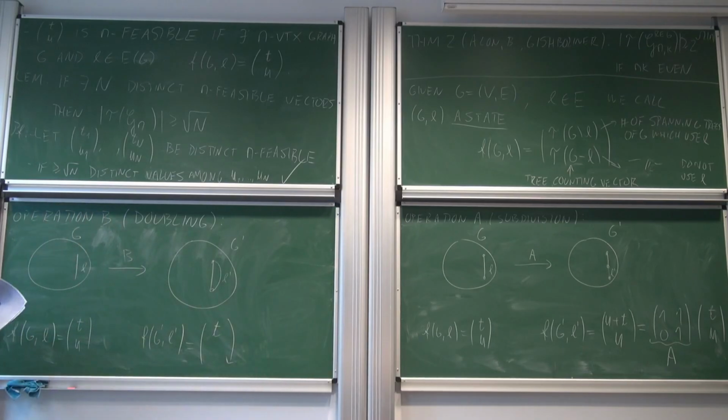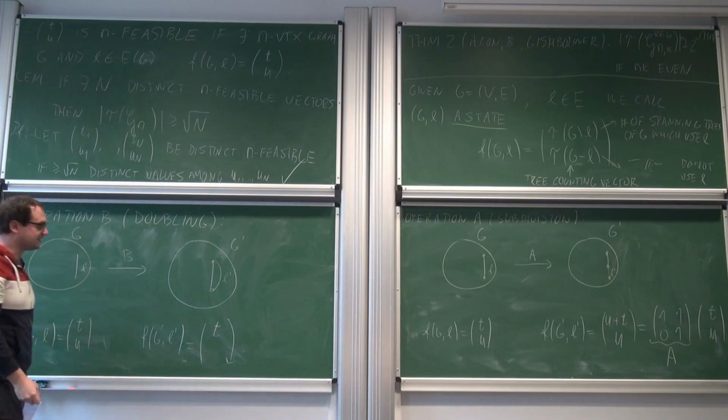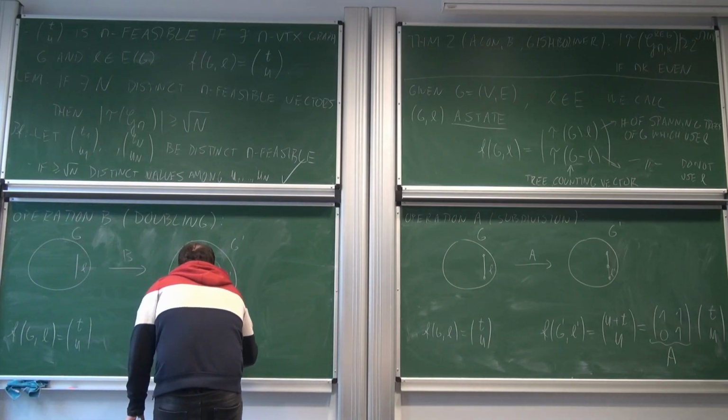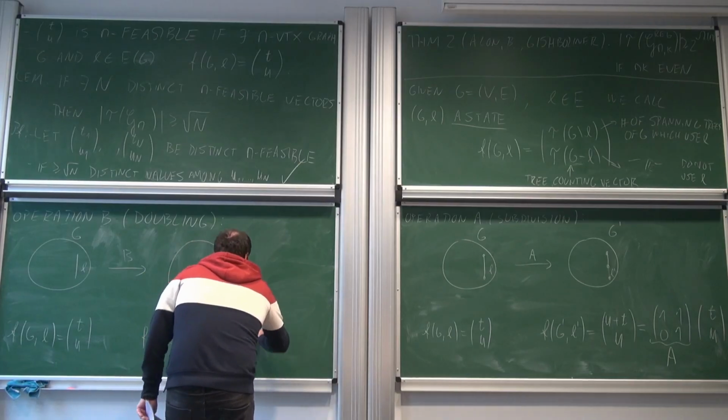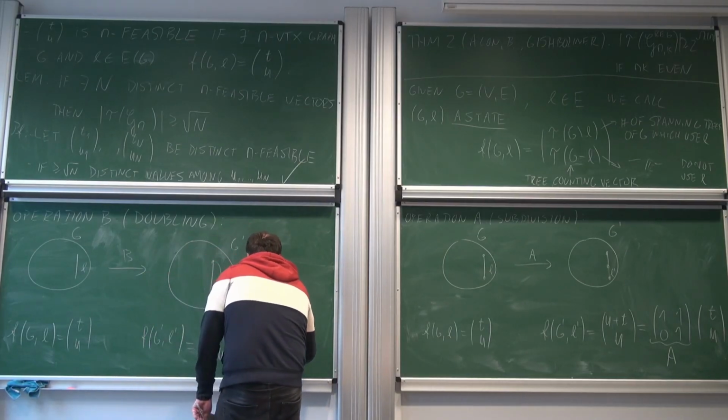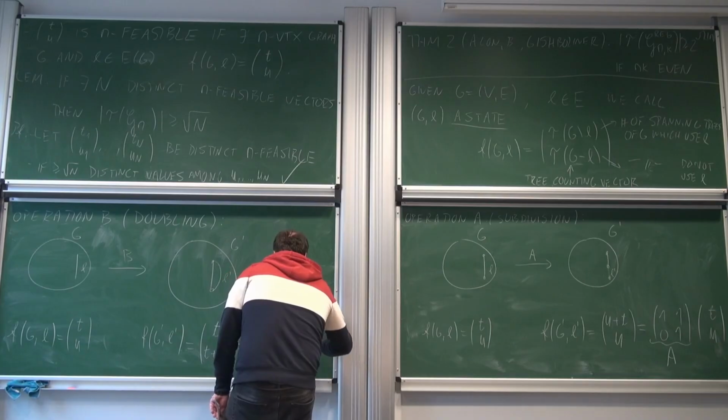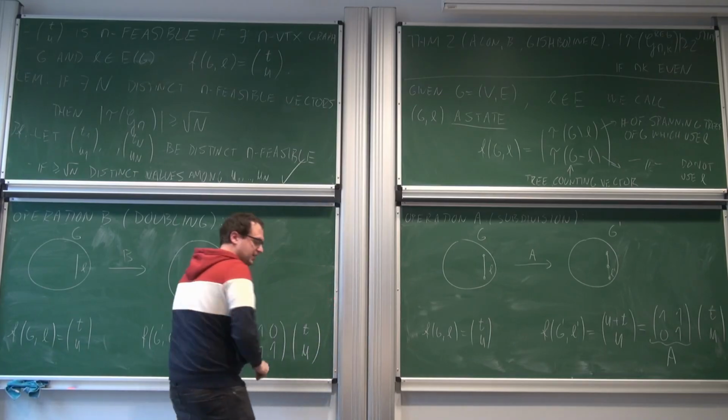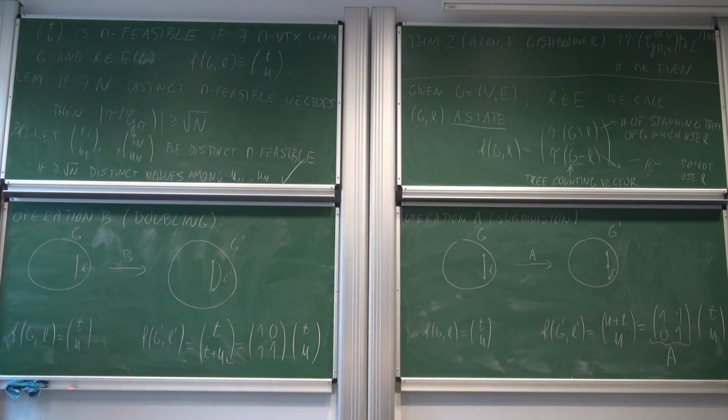If you use it, you're again in just this one using E. If you don't use it, you're in this one not using it. So here we get the sum. And then this is a different matrix times T. Right, so now we have two different operations that we can do.